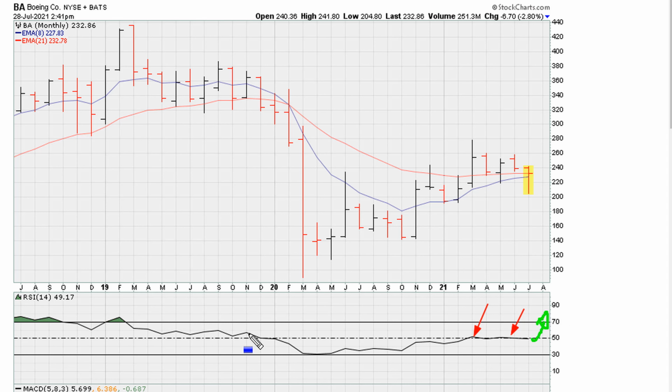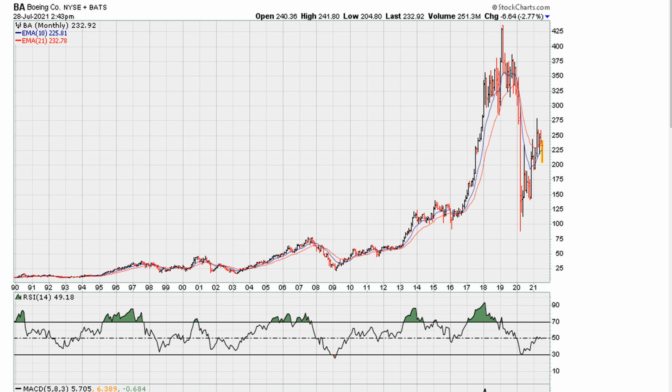It also happens to be, again, an area of uniform activity rejection based on my uniformity concept, but I will not go into that in this video, because in this video we are discussing RSI 50. This is the long-term monthly chart from 1990. We seem to be forming a double top as far as this instrument is concerned.